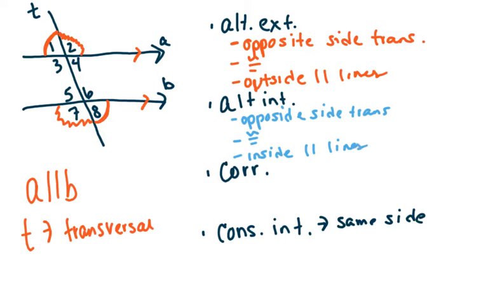So I have to work in between A and B. So really I'm just concerned with the area in here. So if I say angle 3, staying in this box now on the opposite side of the transversal would be 6. So angle 3 is congruent to angle 6. And then again, I'm going to use zigzags. So angle 4 then would be alternate interior to angle 5.